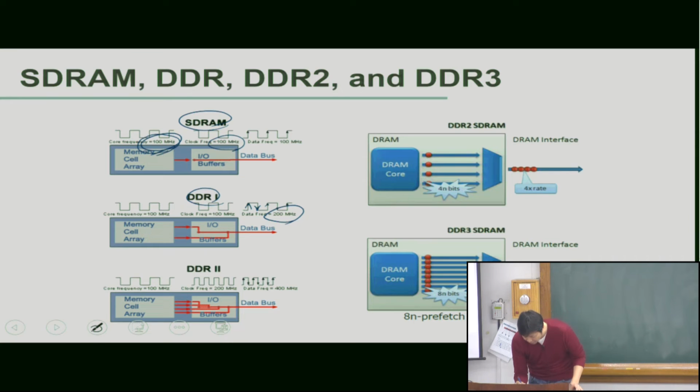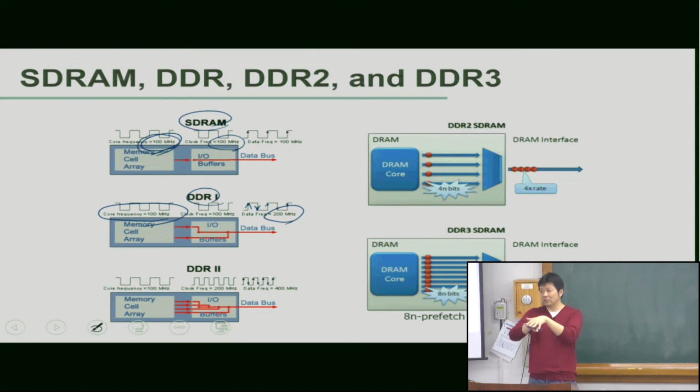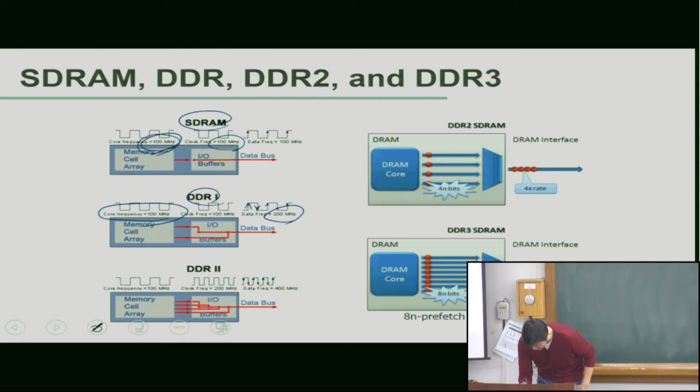So then you need to either increase the core clock frequency as well, meaning the internal bandwidth of the array, or fetch more data using parallelism. And today's DDR takes the latter approach. Instead of increasing the core clock frequency, it maintains the same internal array clock frequency, but now you read 2x more data in parallel.